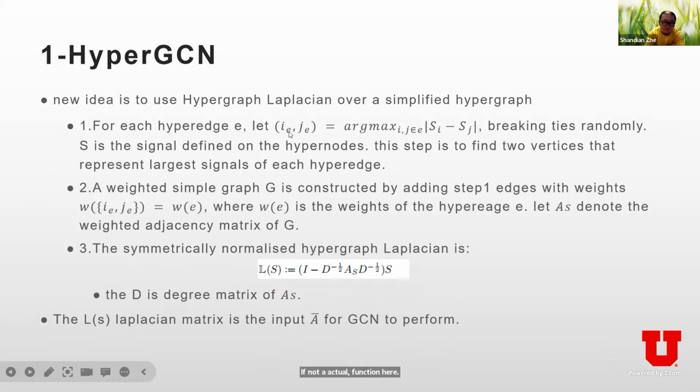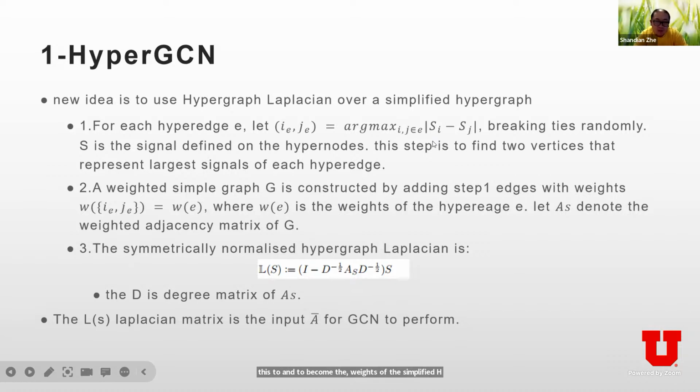And to find the pair that represents the hyperedge and convert it to a simple graph, a weighted simple graph G is constructed by adding the hyperedge weights, and these become the weights of the simplified edges.